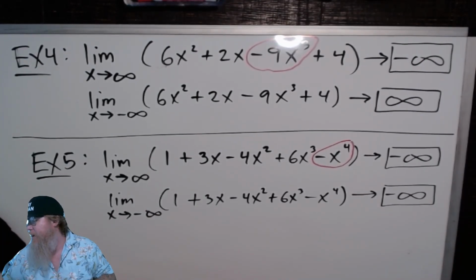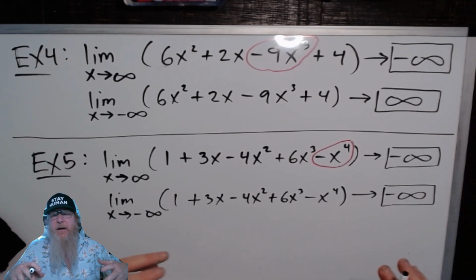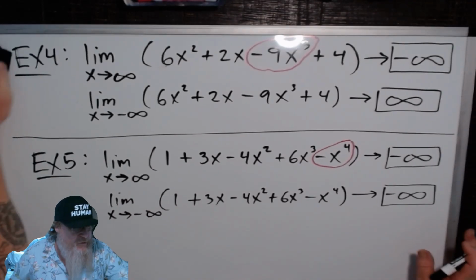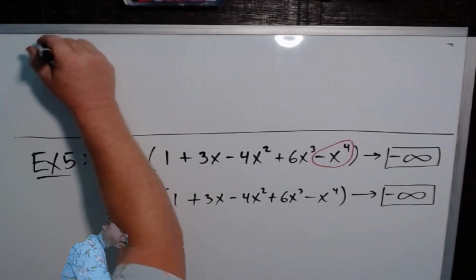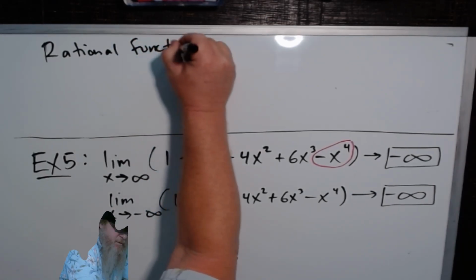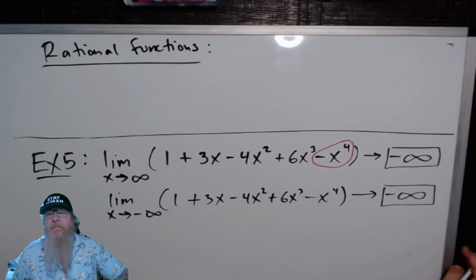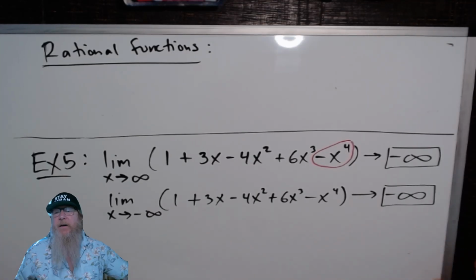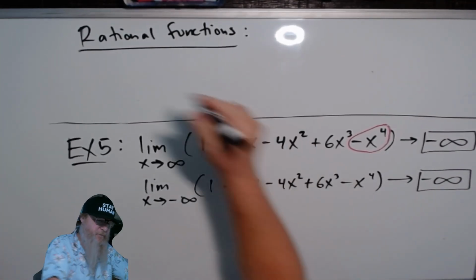Next, we'll talk about rational functions. Rational functions are all sort of descendants of the classic reciprocal function. So they sort of all have their genesis in the reciprocal function.